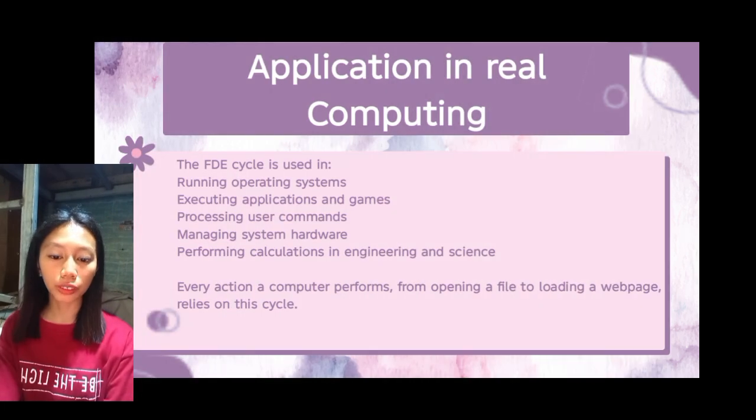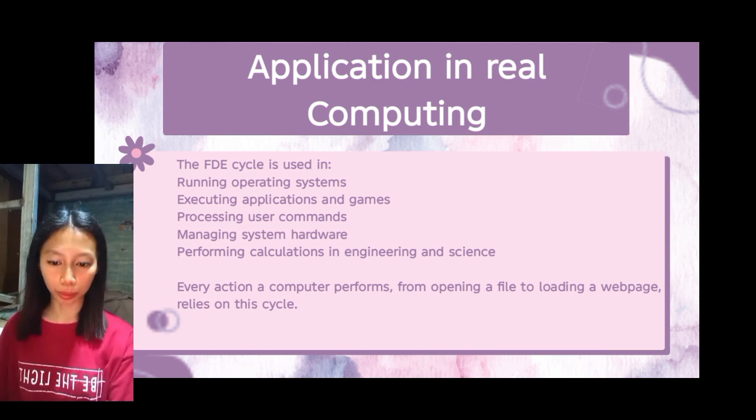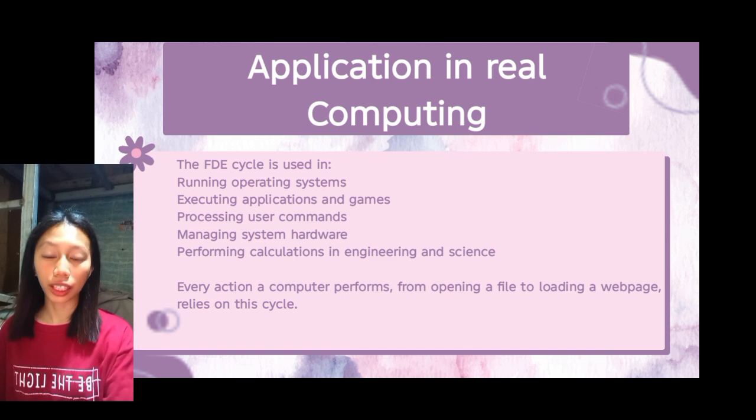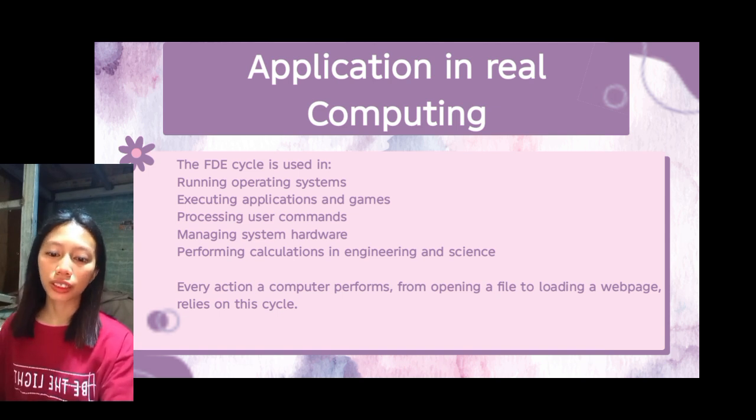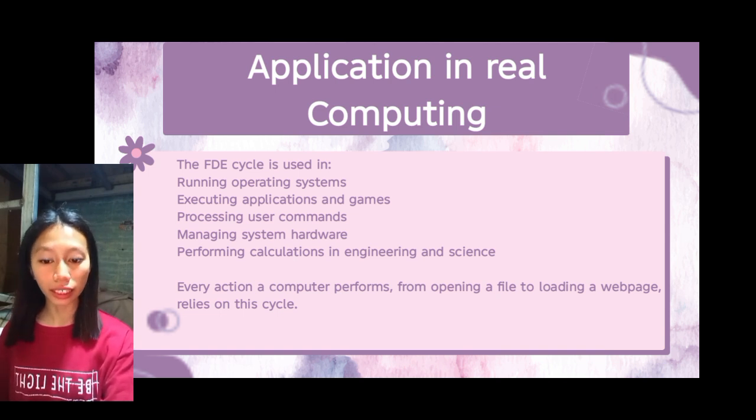And the application in real computing. The FDE cycle is used in running operating systems, executing applications and games, processing user commands, managing system hardware, and performing calculations in engineering and science. Every action a computer performs, from opening a file to loading a web page, relies on this cycle.